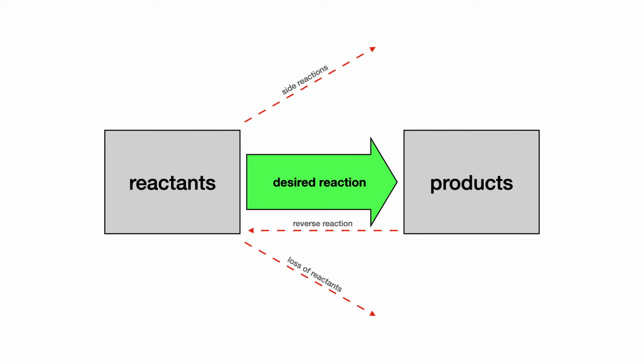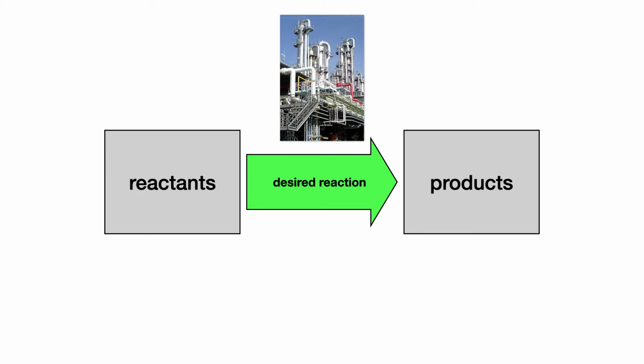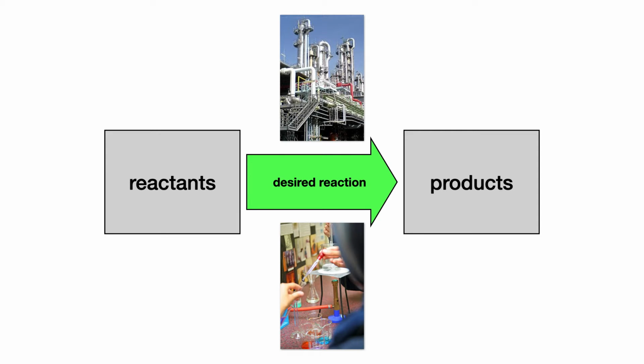A lot of the reactions that are done in industry or in the laboratory are either engineered to be very clean in this way, or they're chosen because they are very clean, and you don't get side reactions and stuff like that.